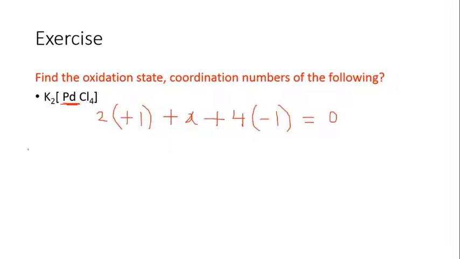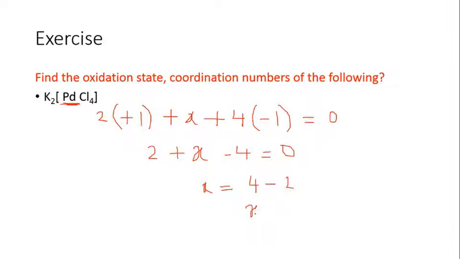So just substitute it. 2 into +1 is 2, plus X, plus 4 into -1 is -4, equal to 0. Then X is equal to, if this -4 goes to the other side, it is +4. If this 2 goes to the other side, it is -2.